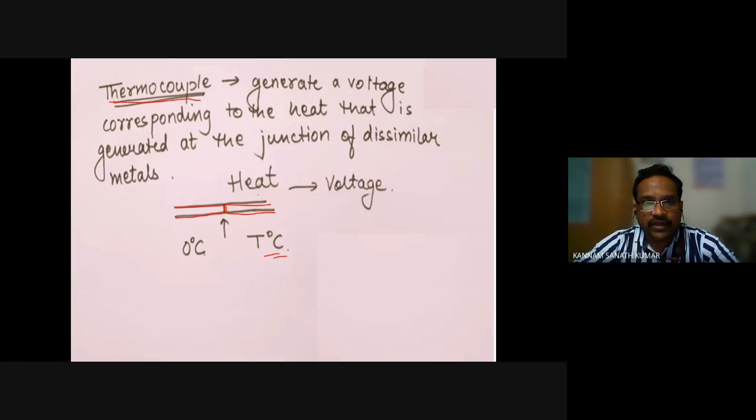The heat generated between these two dissimilar metals is converted into voltage, which we can measure. This is how a thermocouple operates.